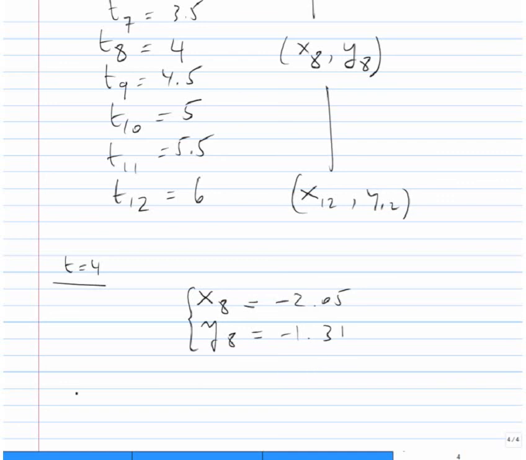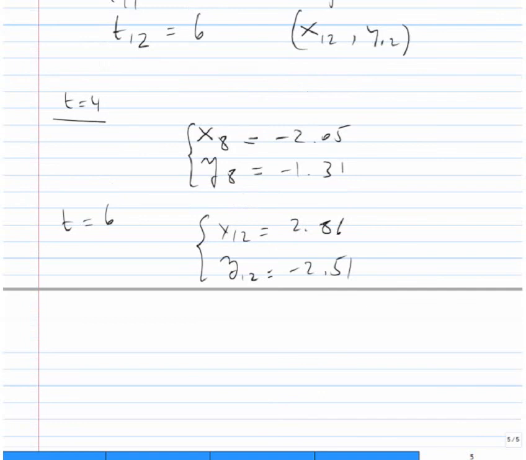And for t equals 6, which is x12 and y12, we will find 2.86 and minus 2.51.